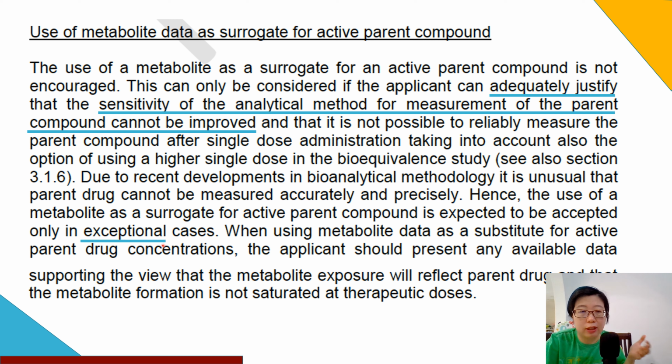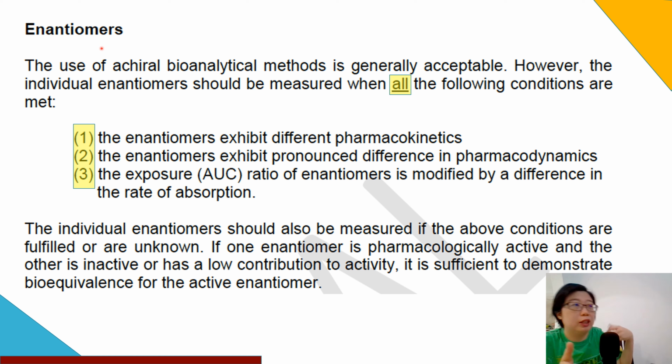In this other set of scenarios, whereby we need to tailor-make the protocol to obtain the characteristics to be investigated, is about enantiomers. As we all know, there are certain very few drugs whereby we have enantiomers, like the R or S stereoisomer, that actually produce very different pharmacokinetic profiles or very different toxicology profiles as well. Most of the time for the drugs, they are quite similar in terms of the R and S, so we normally just combine them.